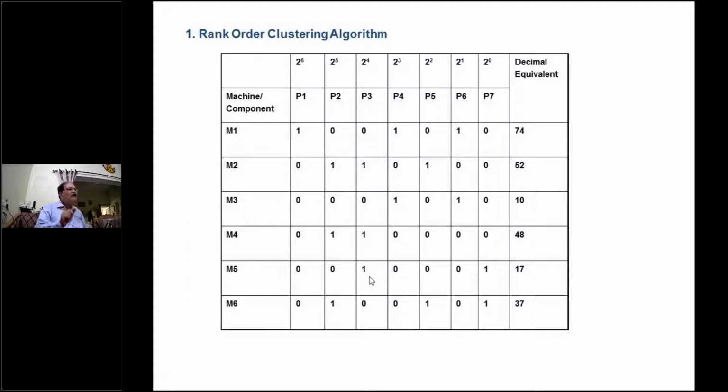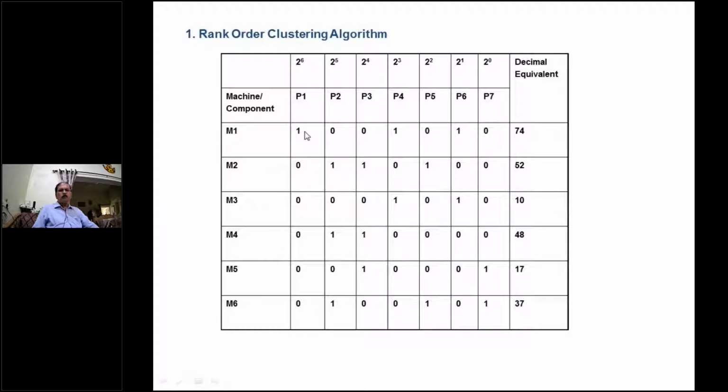This matrix is known as an incidence matrix. It gives the information whether a part is visiting a machine or not. If a part is visiting a machine, we put 1; if it is not visiting, we put 0. The information is found from the route sheets of the jobs or parts.